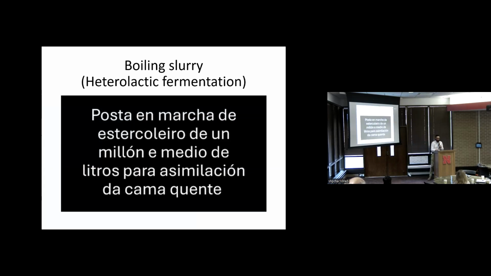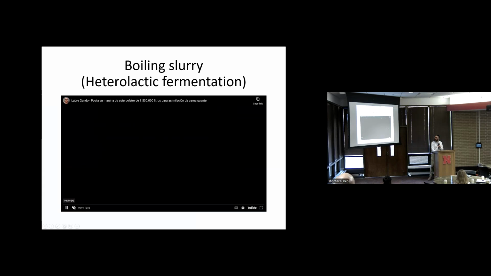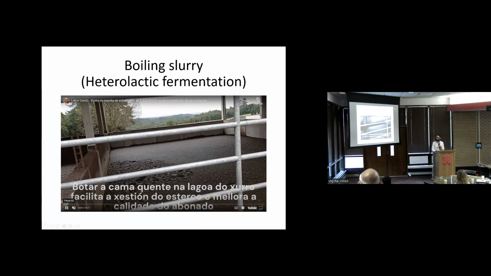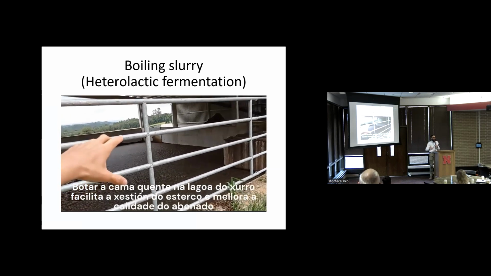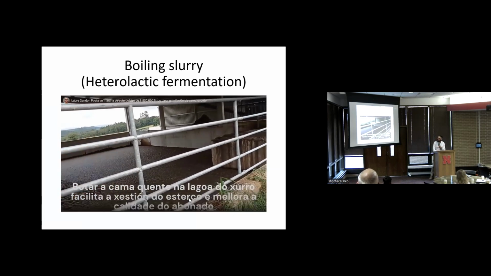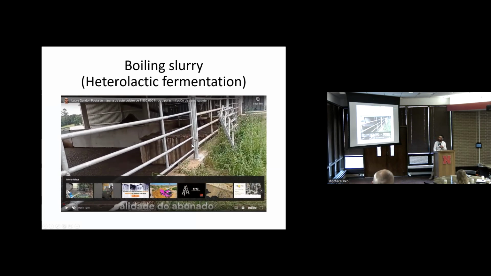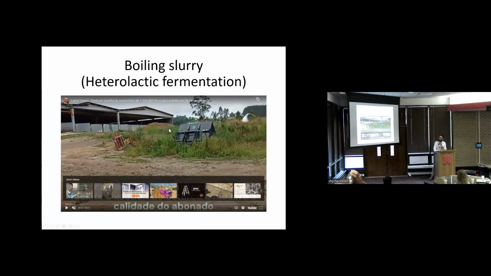And what I'm going to show you is an example of how we do it. Why these people want to improve, they do the fermentation of their manure. So this is their lagoon. And by the way, this is a lagoon of 2 million liters. It's not a joke. And this gentleman wants to put this pile of cow bedding that we were just talking about.